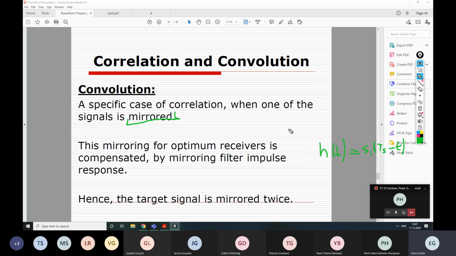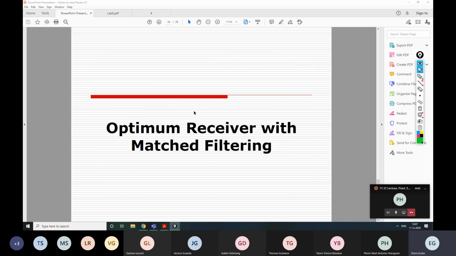And double mirroring of the same signal actually reverts the signal to the original, and we get the correlation formula. So that's the idea and some kind of mathematical proof that matched filtering and the correlation receiver work the same. We will see, of course, in the practical exercise that we get slightly different time diagrams, but the result, nonetheless, will be exactly the same as in our fourth practical exercise.